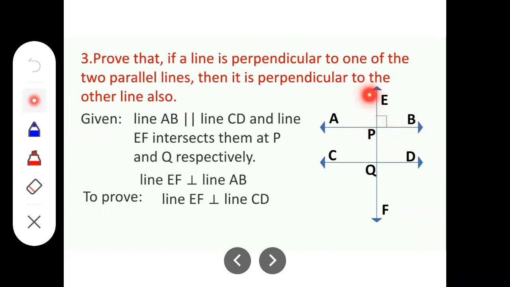I have drawn it perpendicular to the first line AB, and you can see the symbol here, which means it is perpendicular. Now we have to write as the solution that it is perpendicular to the other line also. The same line which is perpendicular to the first parallel line will be perpendicular to the second line also. That we have to prove here.